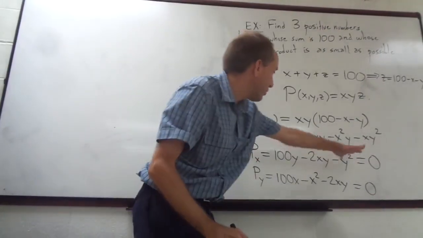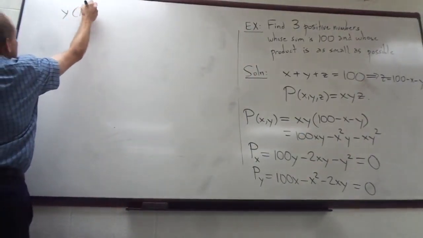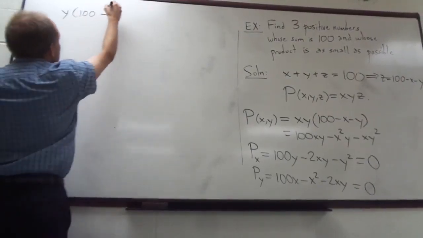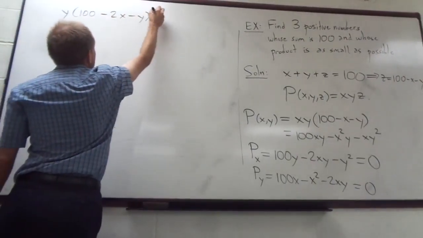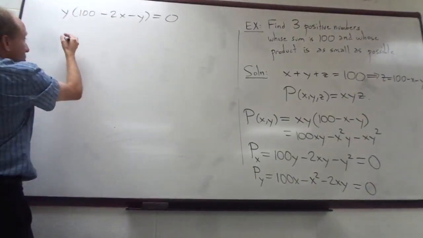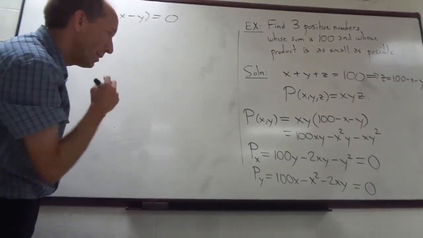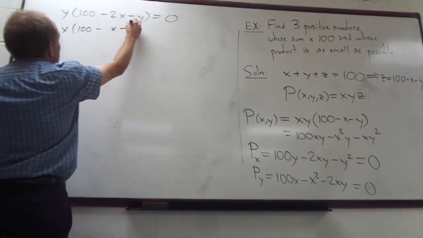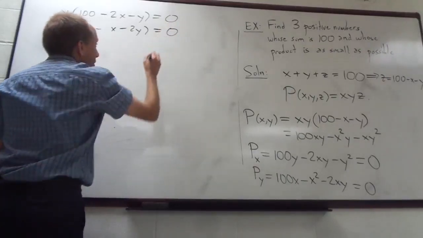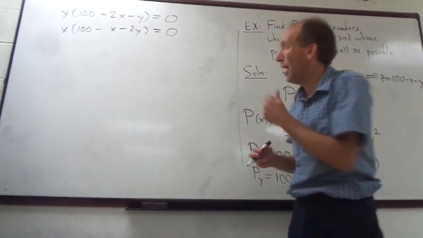So for example, the first equation there, you see that you can factor a y out of it? You can factor a y out of that and leave yourself with something that looks like this. And the second equation, similarly, I can factor an x out of the second equation. And if I do that, I'm going to get this expression. I'm trying to solve these equations right now for x and y.